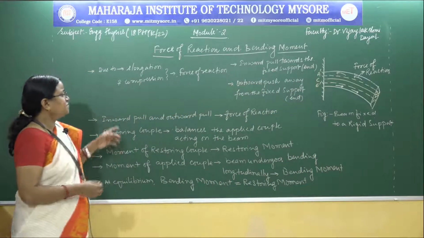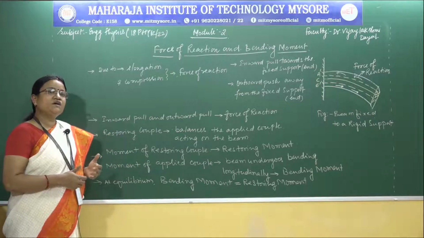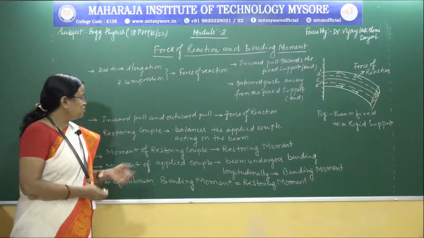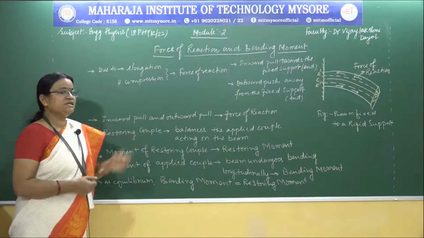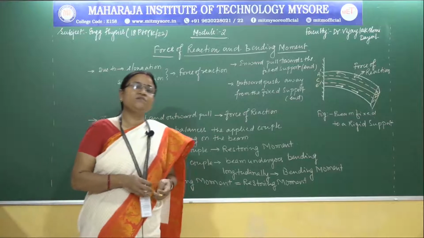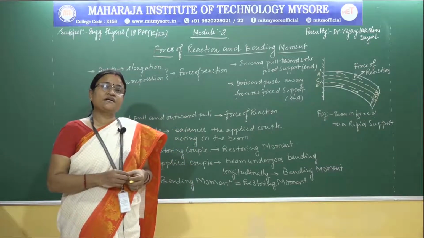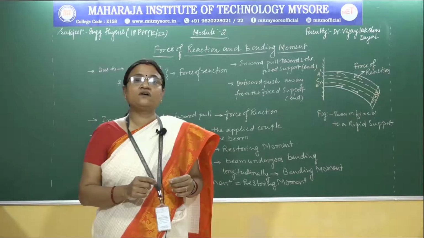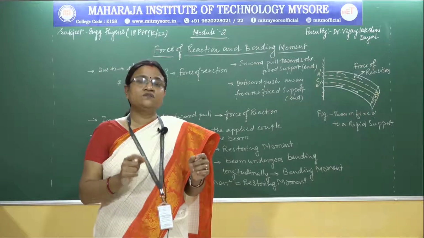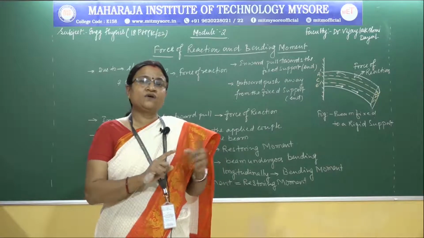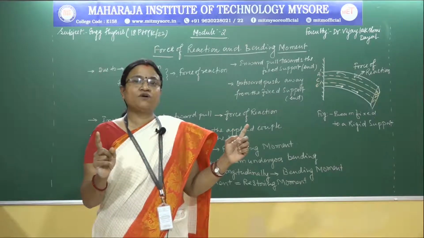This inward and outward pull, which we call the force of reaction, leads to the restoring couple in the beam. By couple we mean nothing but a torque acting on the body. And what is torque? It is the force applied at a perpendicular distance from the fixed point of a body.